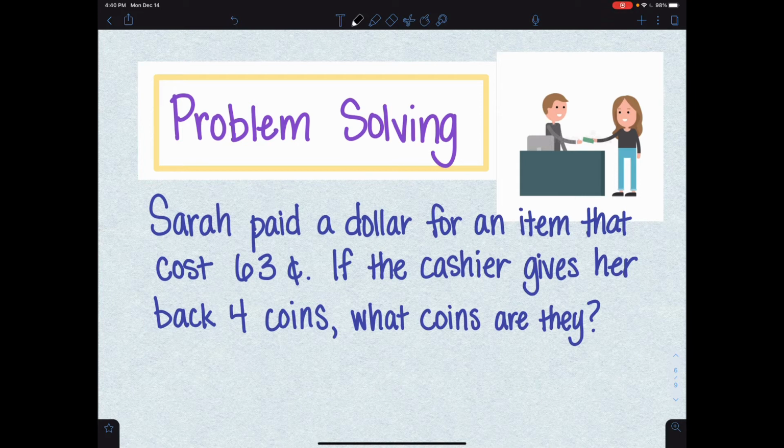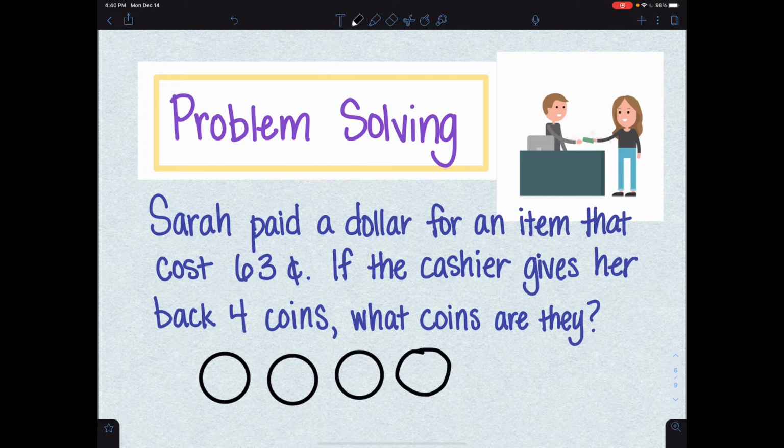Let's jump into problem solving now. Problem solving says that Sarah paid $1 for an item that cost 63 cents. If the cashier gives her back 4 coins, what coins are they? So it looks like the first thing you're going to have to do is figure out how much money she should get back from $1, which is going to be easy for you.